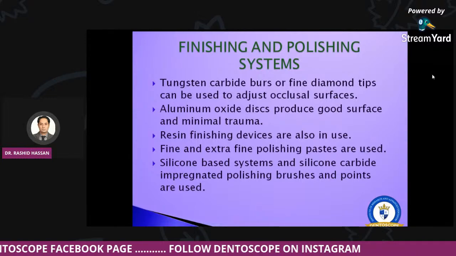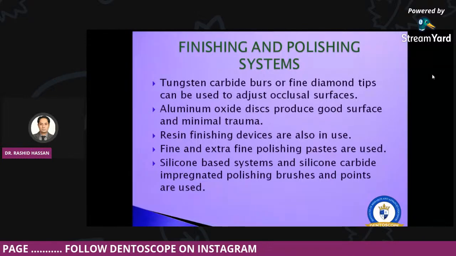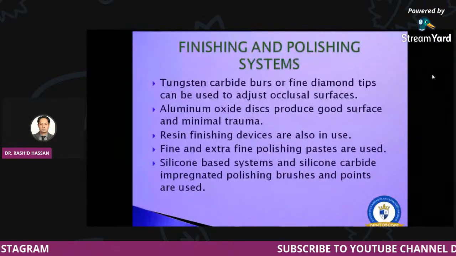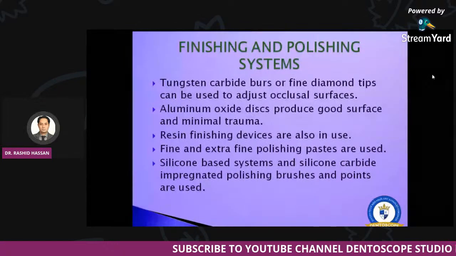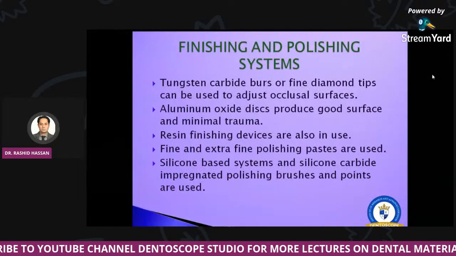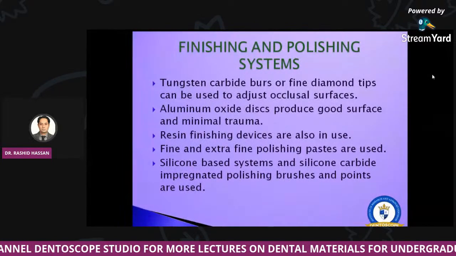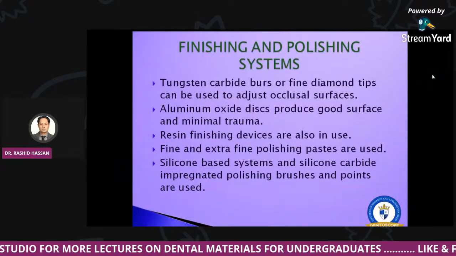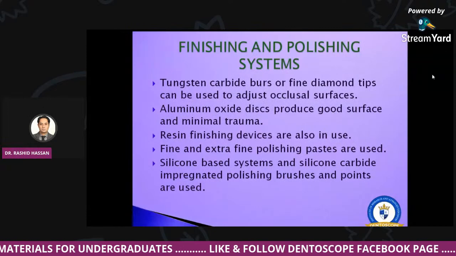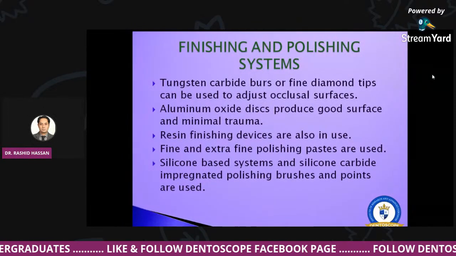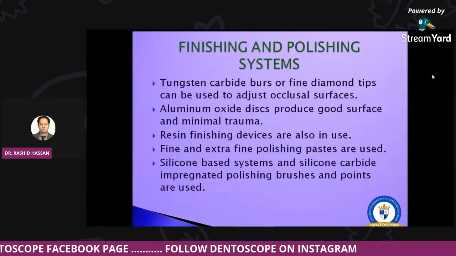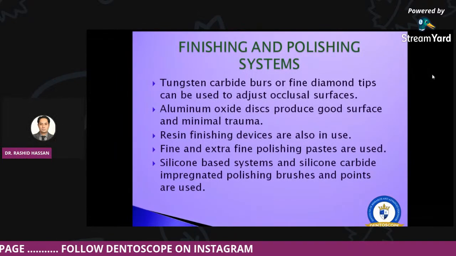Then the aluminum oxide discs are present to produce a good surface with minimal trauma. They are present in the composite finishing kit, and you just put them on the handpiece and you can easily finish the dental composite restoration. Resin finishing devices can also be used.